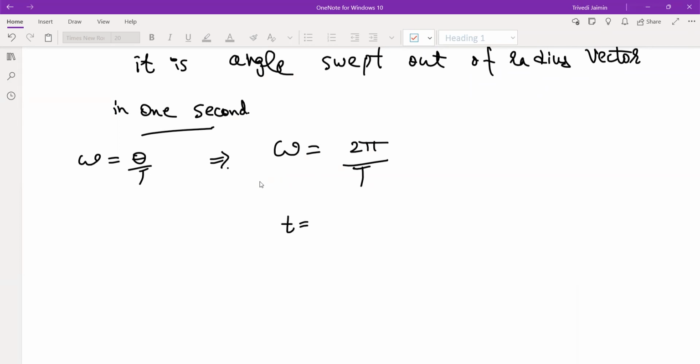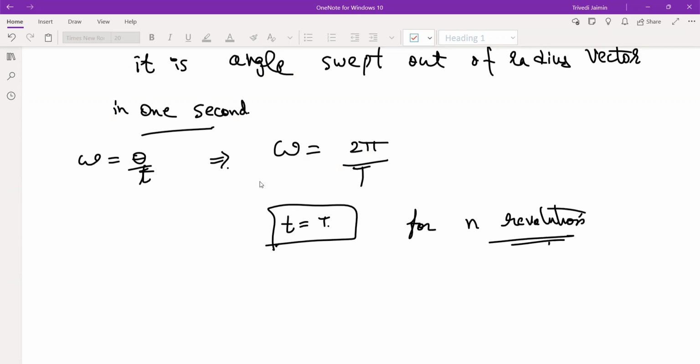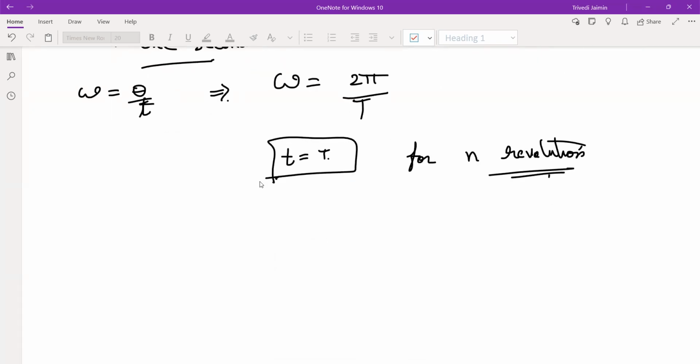So here t is capital T, or time period taken. Time taken for a revolution. So if it is for 1, so we can make a formula as angular velocity equals to 2 pi n.